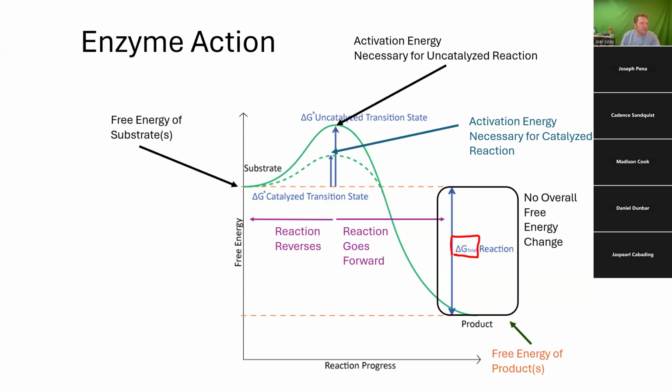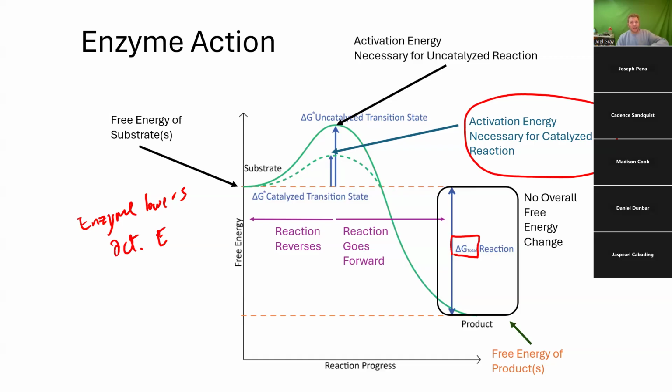What's going to be changed is the activation energy. The way I always characterized it, and I think one of my undergrad professors said this, is that an enzyme just makes the hill that needs to be climbed a little bit lower. So an enzyme lowers activation energy.